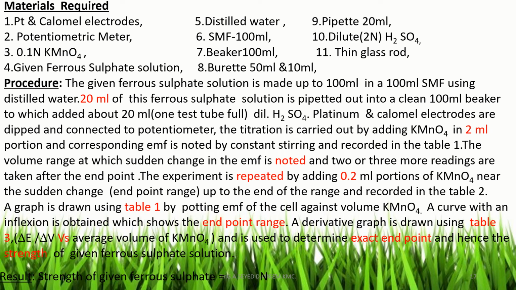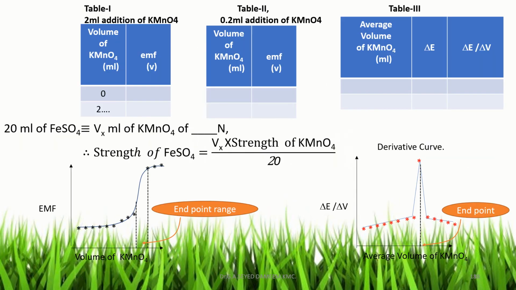This table shows table 1 for 2 ml addition of KIO4, table 2 for 0.2 ml addition of KIO4, and table 3, which is the table for drawing the derivative curve. So from table 1 a graph is plotted of EMF against volume of KIO4.